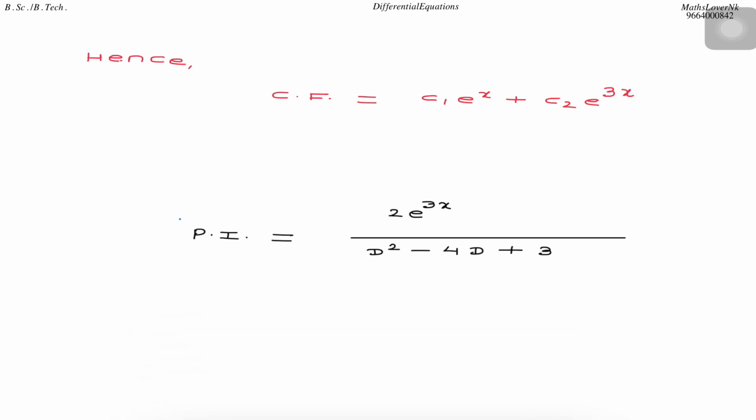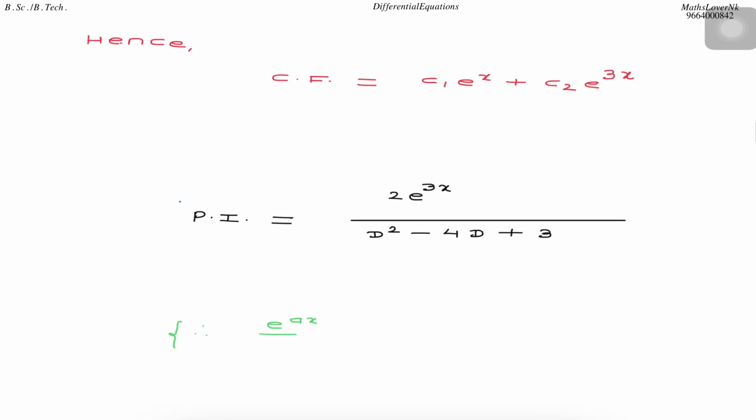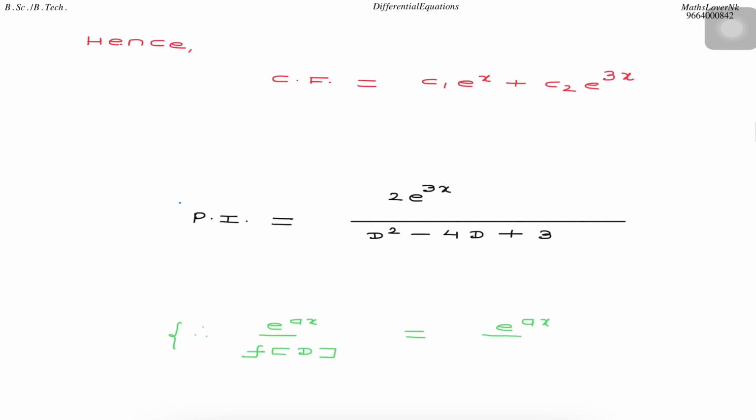So we know that e to the power ax upon f(D) is e to the power ax upon f(a), where f(D) stands for the function of D and f(a) the function of a.